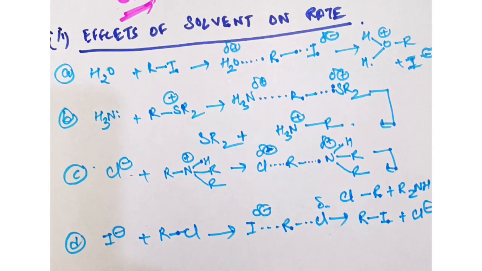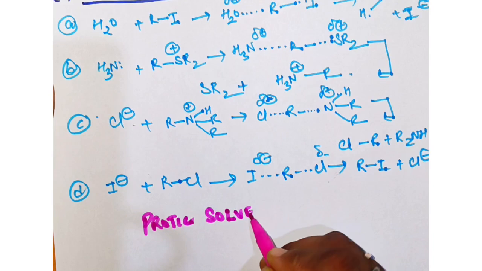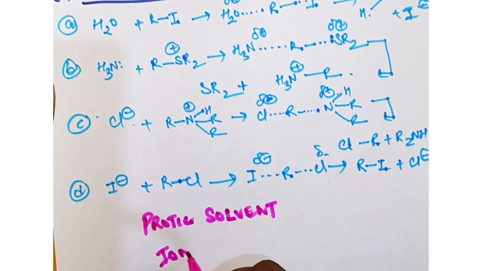Protic solvent means those which have hydrogen, like water, and an aprotic solvent means one which does not have ionic bonding. Remember, protic solvent means here you have ionic bonding.